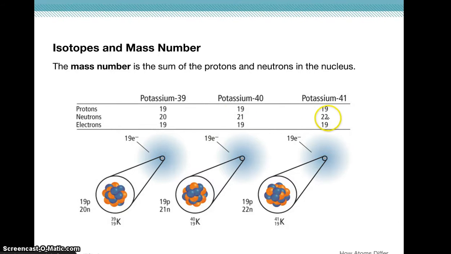So knowing the element tells us the protons, and then the mass number at the end can help us figure out how many neutrons there are, because we can't get the neutrons from the periodic table. The periodic table tells us something different. Now, the other thing you can look at is when you're using the symbol instead of the name. The protons go on the bottom, so that's the atomic number, and then the mass number goes on the top.